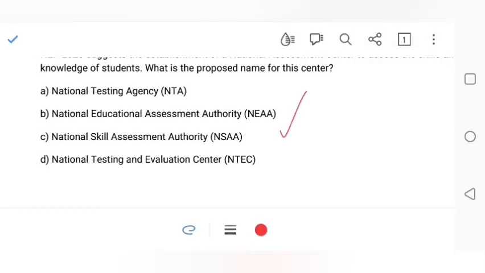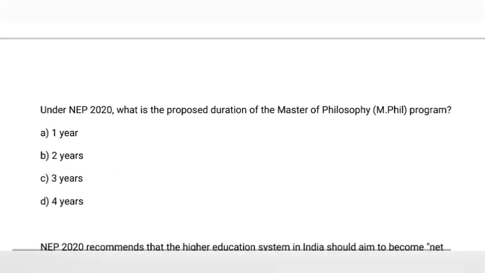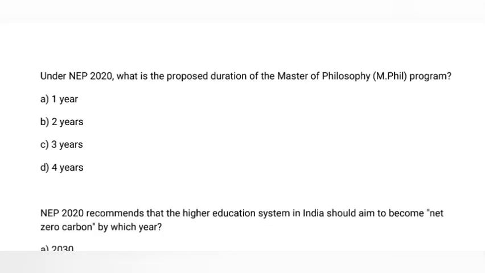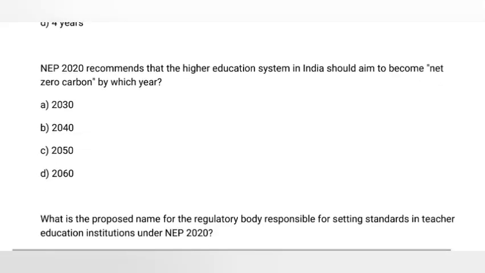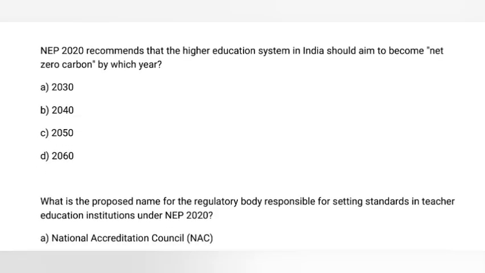Option B, National Educational Assessment Authority. Next, under NEP 2020, I think we have already discussed it. It is finished.